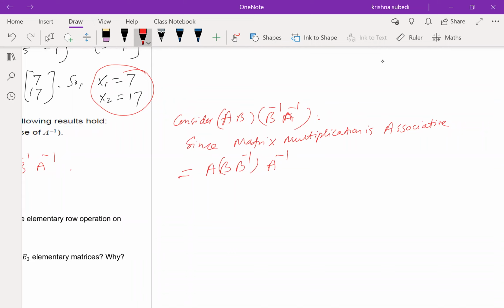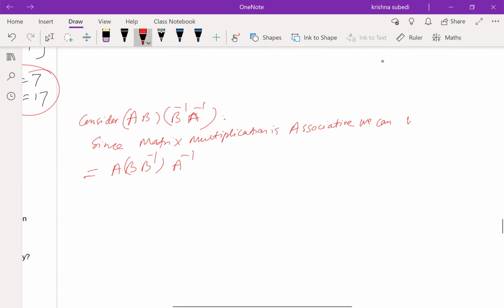Now this gives me A, B B inverse will be I, we know that, then A inverse.